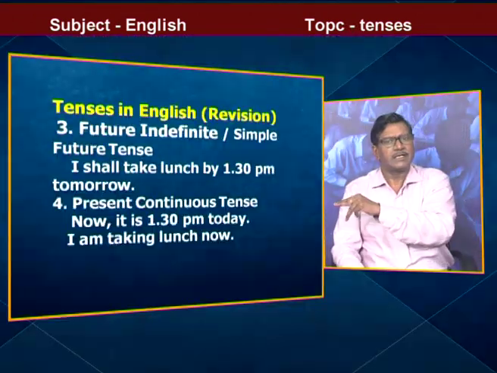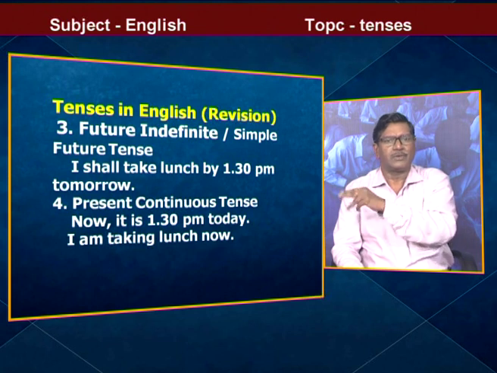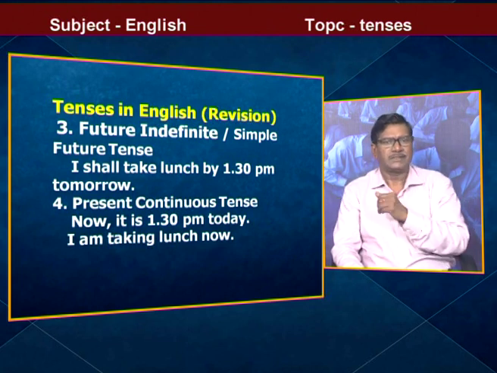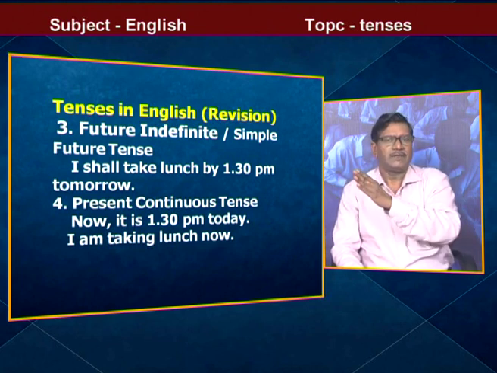Exactly at 1:30 PM I was taking lunch yesterday. I shall be taking lunch at 1:30 PM tomorrow. That is future continuous. That action will be going on at a particular point of time in future.